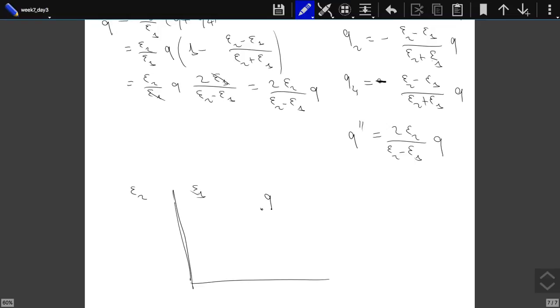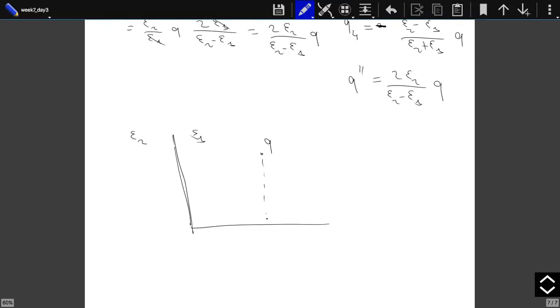So we have the Q charge. Here we have Q2, which is minus (epsilon 2 minus epsilon 1) divided by (epsilon 2 plus epsilon 1) Q. But keep in mind, this is the image charge that an observer in region 1 will see. This distance is the same as this distance. Here we have an image charge, which is again minus (epsilon 2 minus epsilon 1) divided by (epsilon 2 plus epsilon 1) Q. This distance is the same as this one.